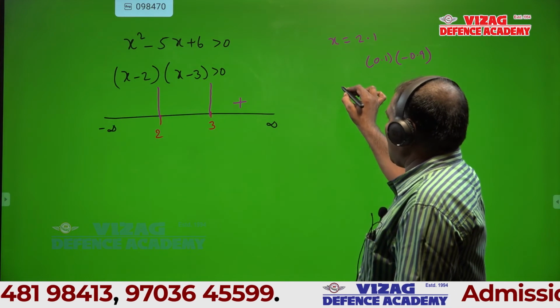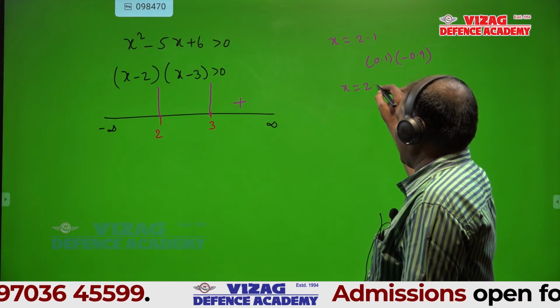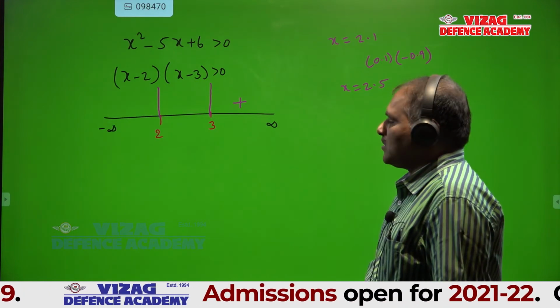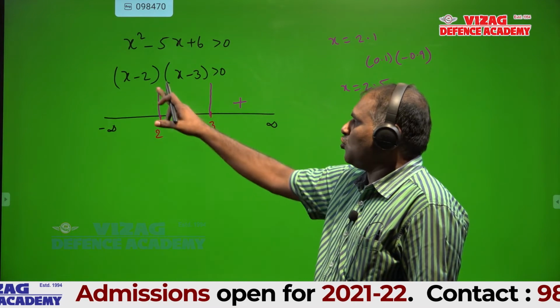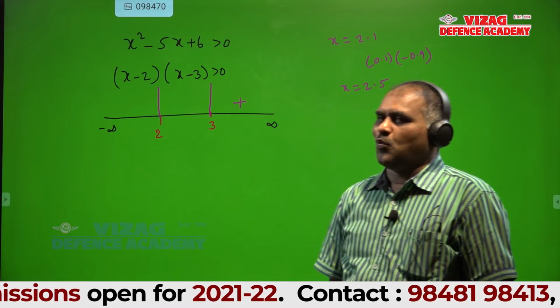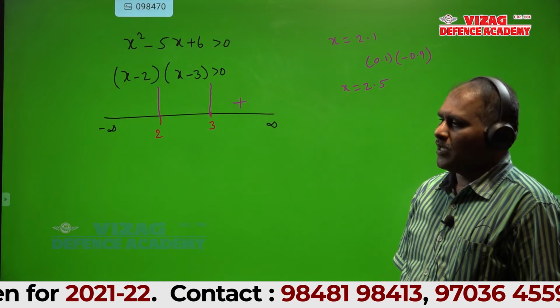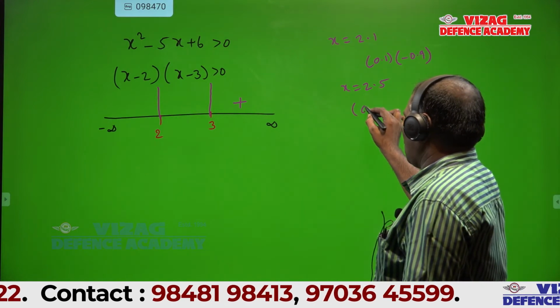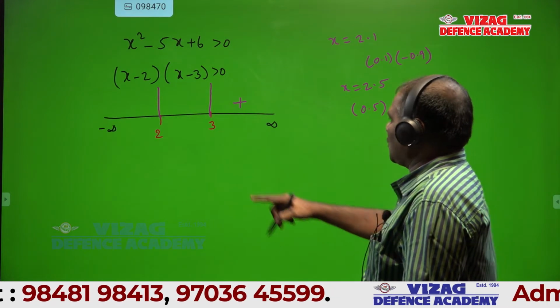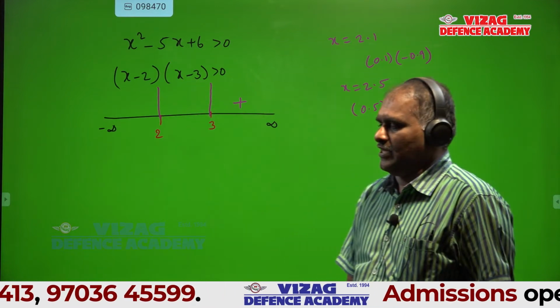Suppose I substitute 2.5. What is 2.5 minus 2? It is 0.5. What is 2.5 minus 3?